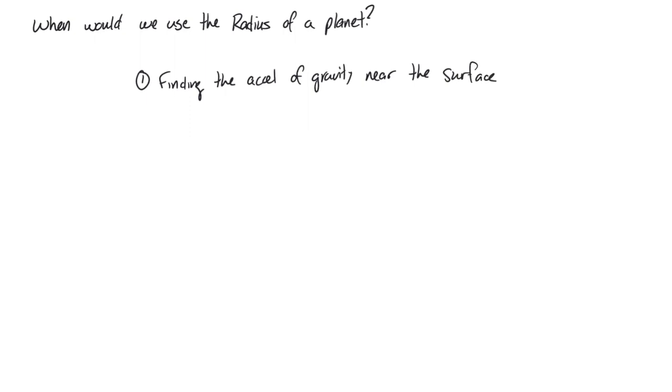That'd be the first time. That's where I'm saying, if we want to know what the acceleration of gravity is near the surface of a planet, then we say, all right, we're going to drop somebody near the surface of a planet. We're going to effectively say the separation distance is the radius of the planet because they're near the surface.